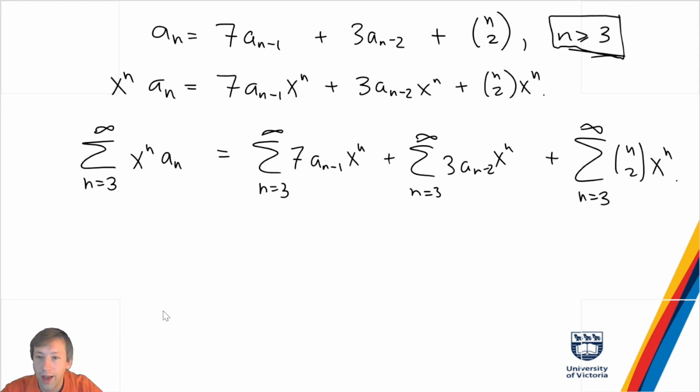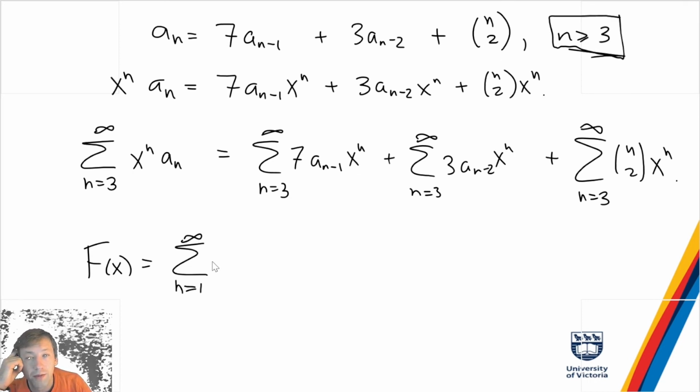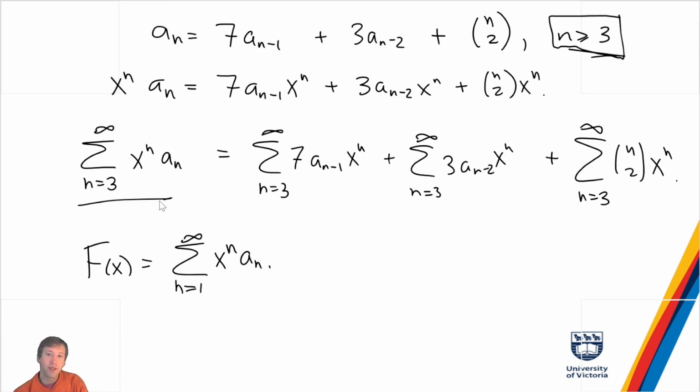And then the key thing to recognize is that if f of x is my generating function, so let's say it's the sum from n equals 0 to infinity, or maybe in this case, if we're starting our sequence at 1, from 1 to infinity of x to the n an, then you notice that this is pretty much the same as f of x.